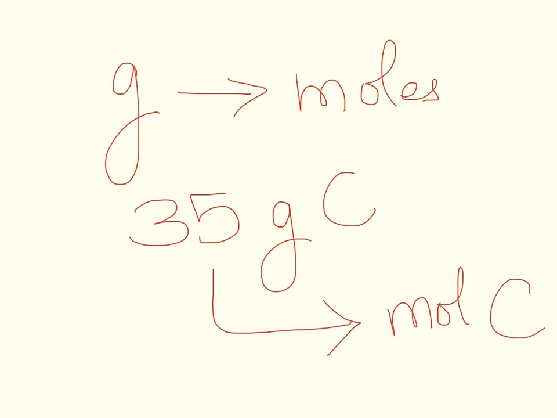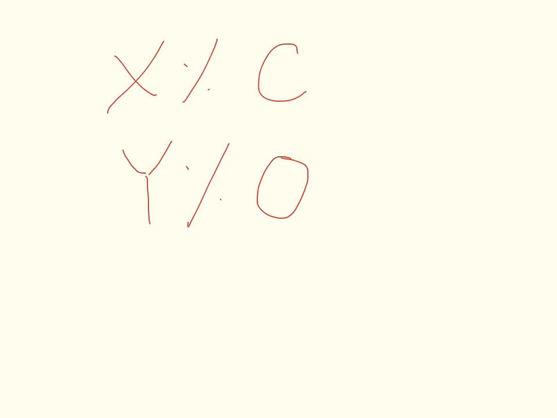The third step would be then to write out the pseudo formula. So if the analysis says that there is X percent of carbon and Y percent of oxygen, you converted the percent to grams and grams to moles in both the cases.